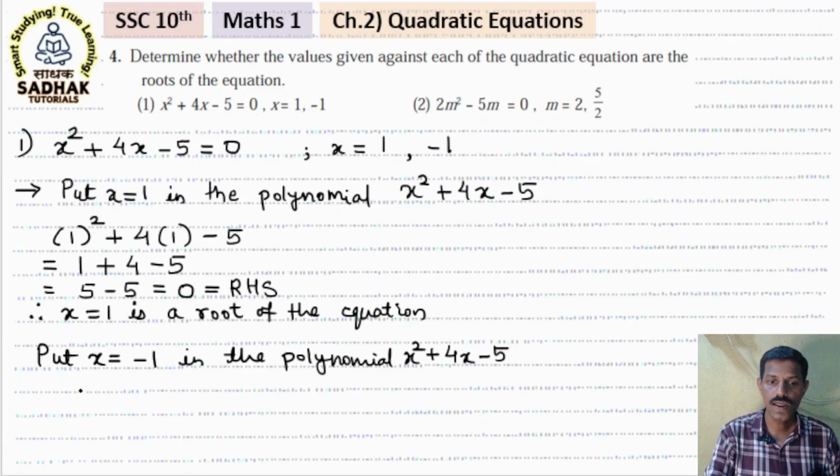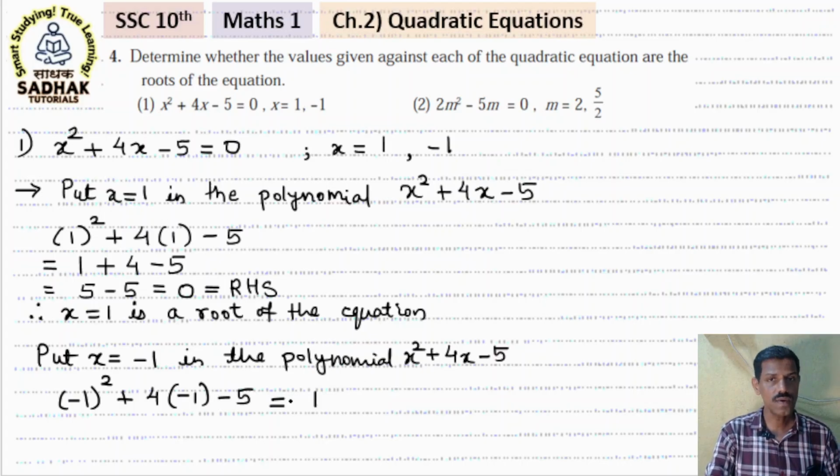So wherever there is x, we have to put minus 1. So that will be minus 1 square plus 4 multiplied by minus 1 minus 5. So when we simplify this, we will get minus 1 square will be 1. See, the square of any number, positive number or negative number, will always be positive. The squares are always positive, because we are multiplying the same number by itself.